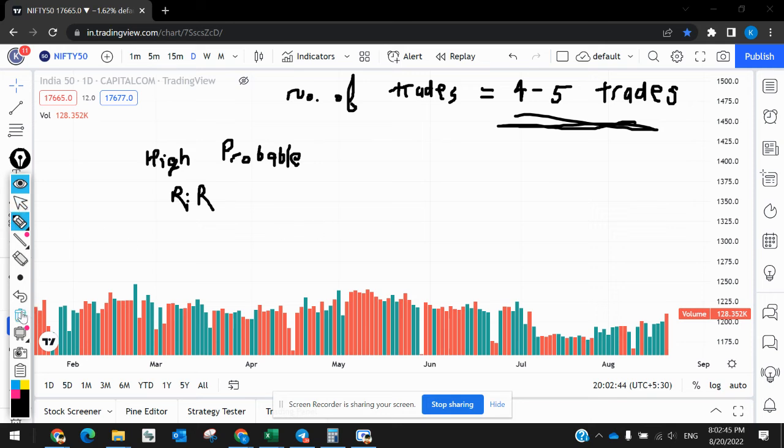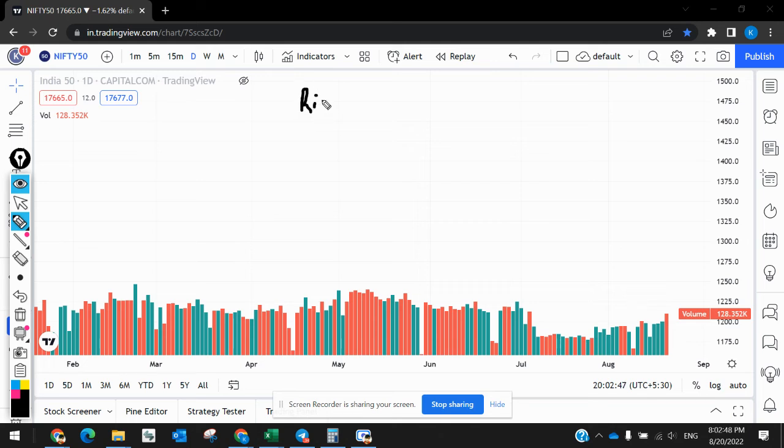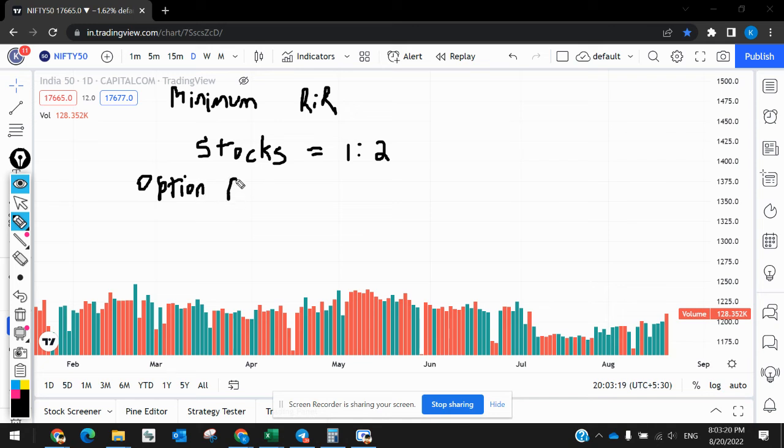One more thing about risk reward that people should follow. This is the minimum. Okay, the higher it is, the better for you. For stocks, it is 1 is to 2. For option buying, it is 1 is to 3.